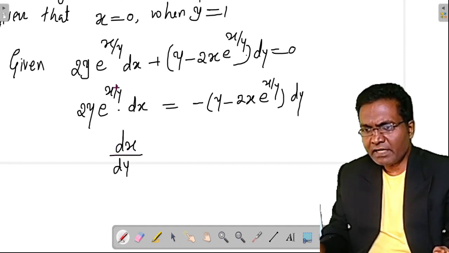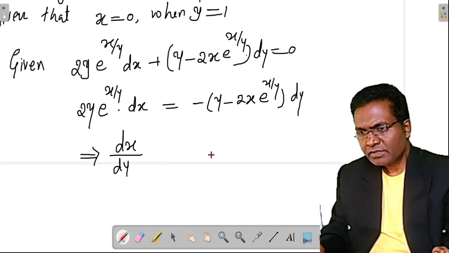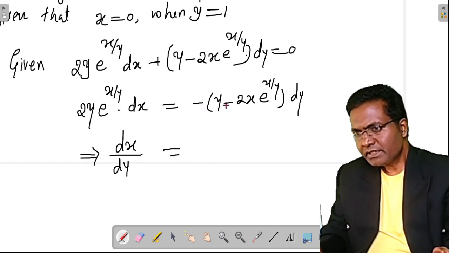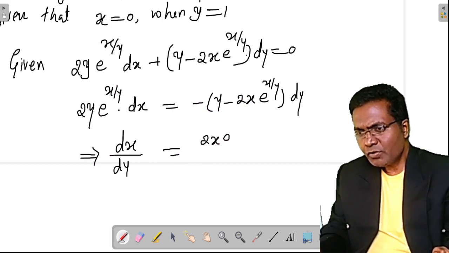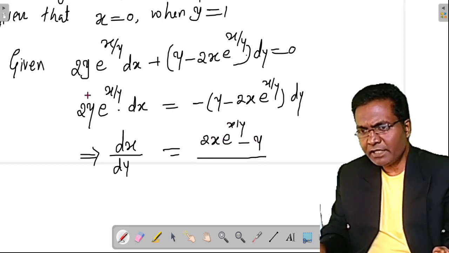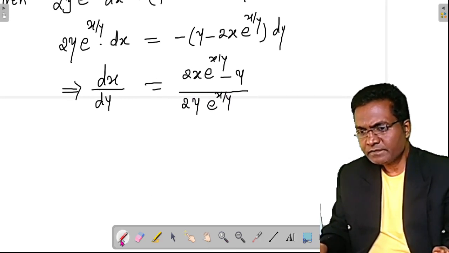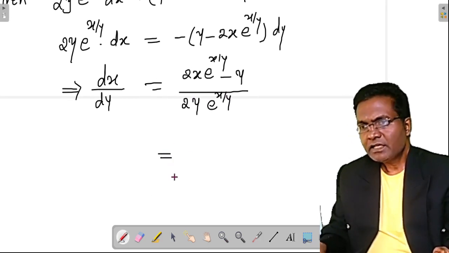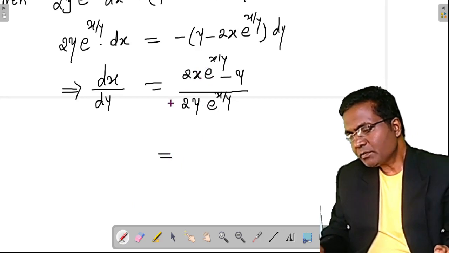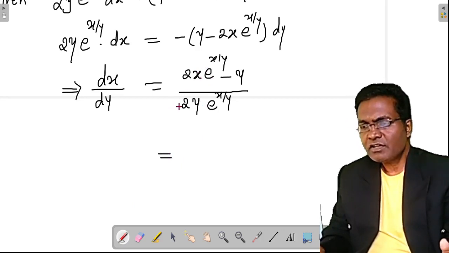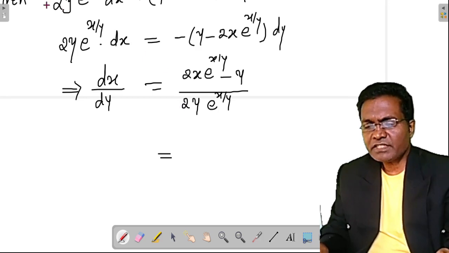Because we have e^(x/y), I take the minus inside, so I can write it as (2x e^(x/y) minus y) divided by, bringing this term down, 2y e^(x/y). Now you are supposed to show that it is a homogeneous differential equation.